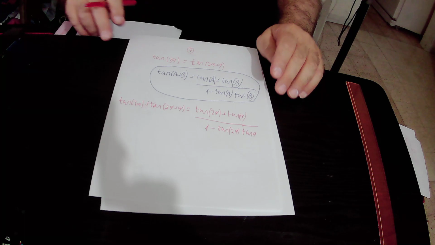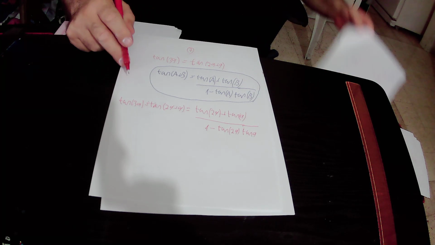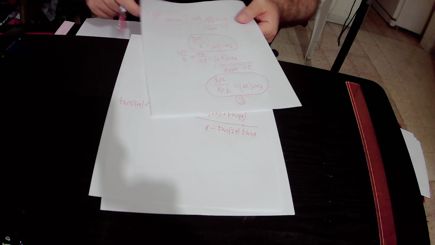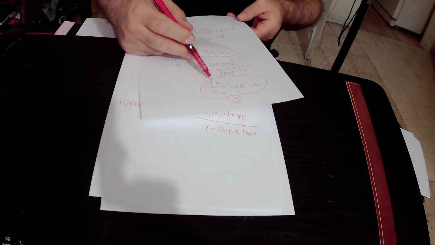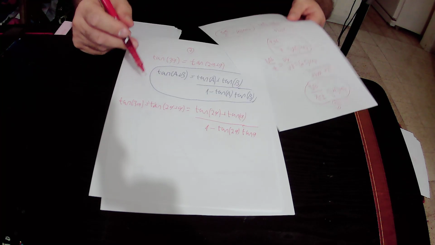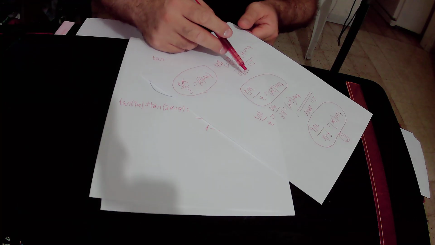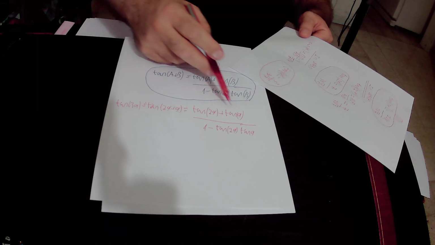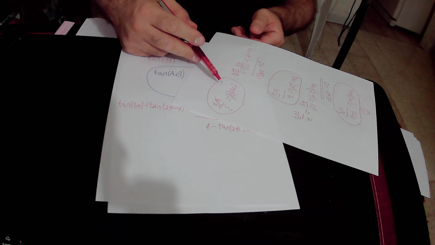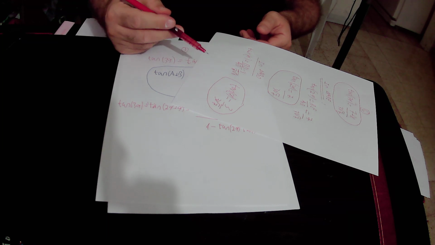In the next step, we will substitute tangent 3 alpha by the value of 7 plus x over 3 times root 7. We will substitute tangent 2 alpha by 7 over 3 times root 7, and we will substitute tangent alpha by 3 over 3 times root 7.